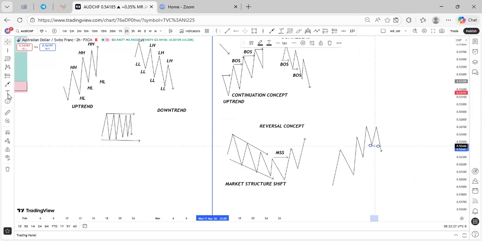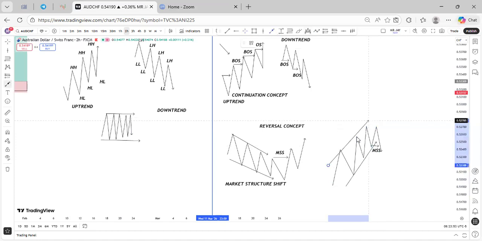All right, so this is our market structure shift, our MSS. This indicates that that particular trend is coming to an end. All this while we have been uptrending, and then we had this market structure shift, which clearly indicates that this trend is coming to an end.